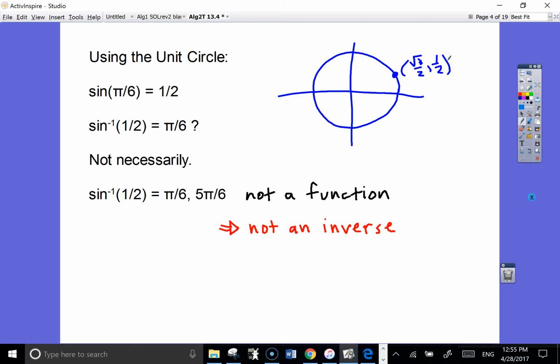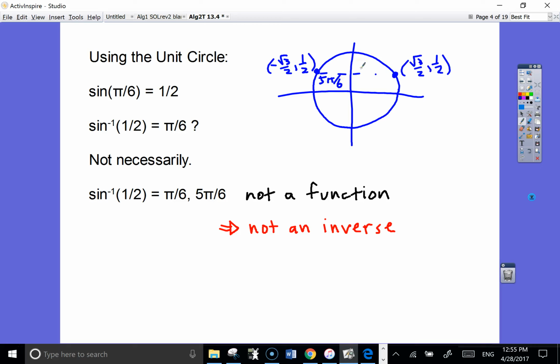But actually, on the unit circle, I could go straight across to this side, and the coordinates of that point are negative √3 over 2, positive 1/2. So what is the sine of 5 pi over 6? It's also 1/2.